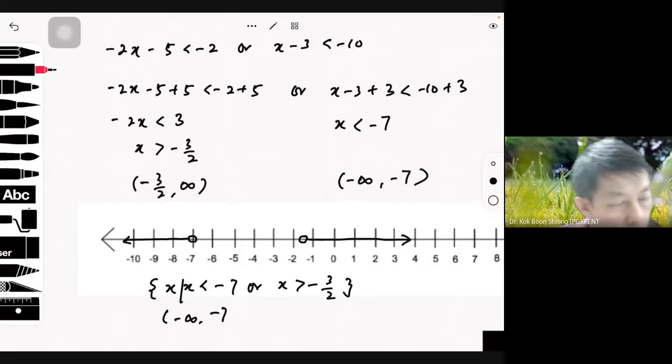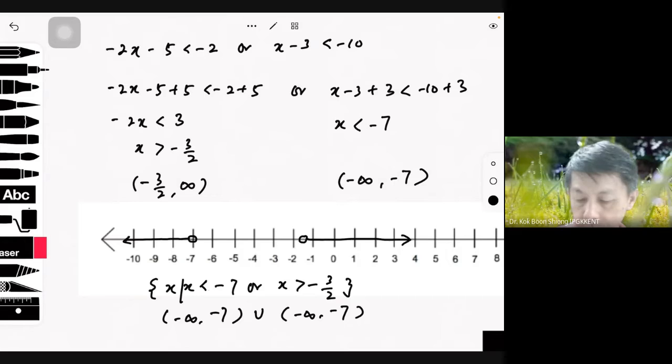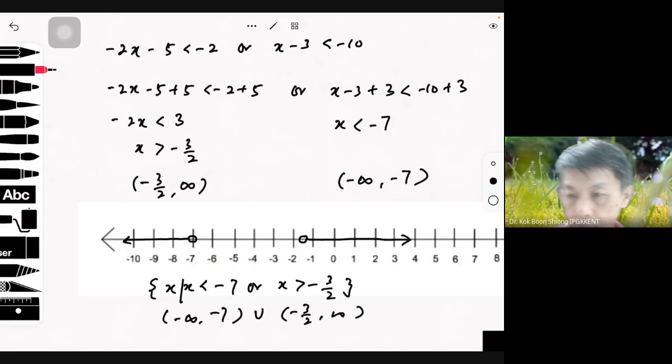Or, is it union then? Yes. Sorry, that was wrong.